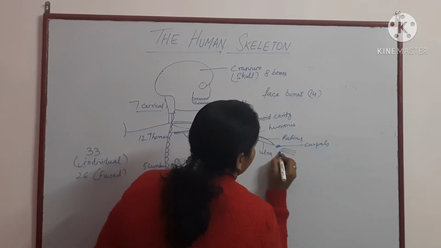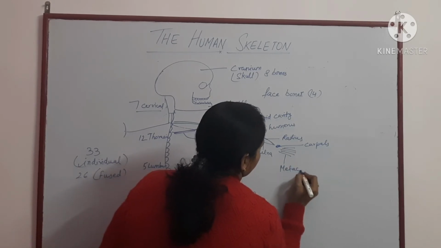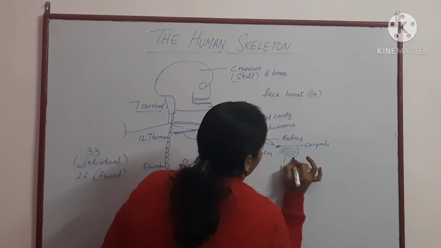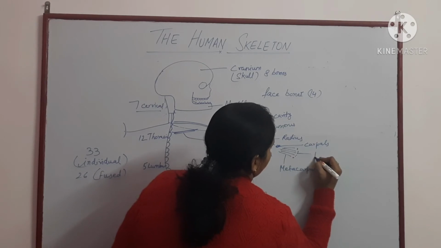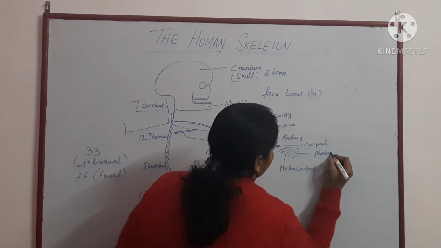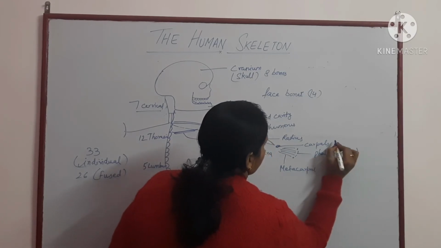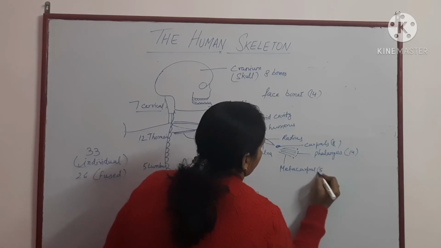After that, 5 metacarpals. And then the phalanges, I am drawing these dots. Total phalanges 14 in number. Carpals total 8 bones. Metacarpals 5 in number.